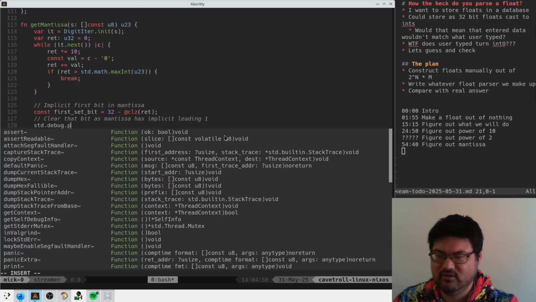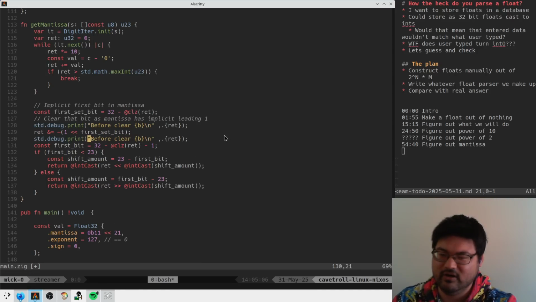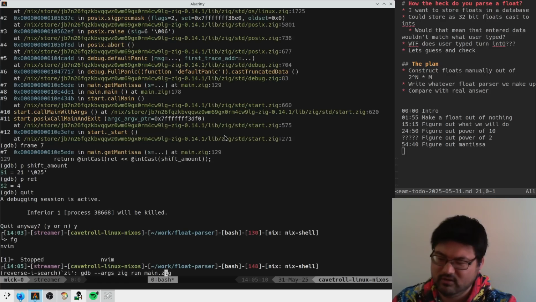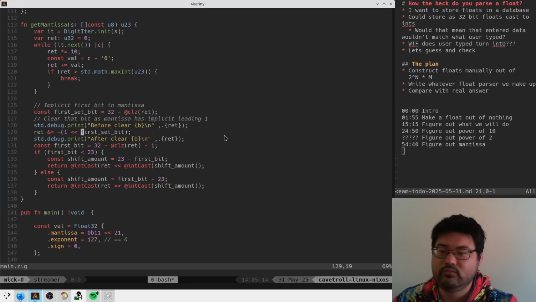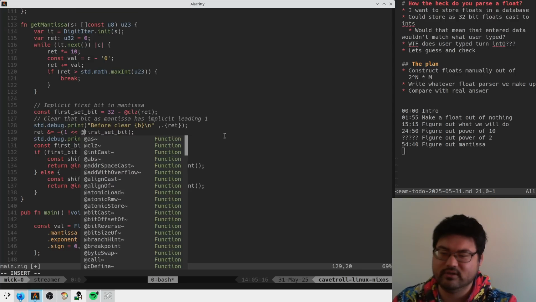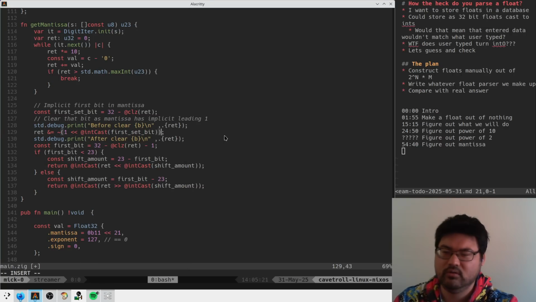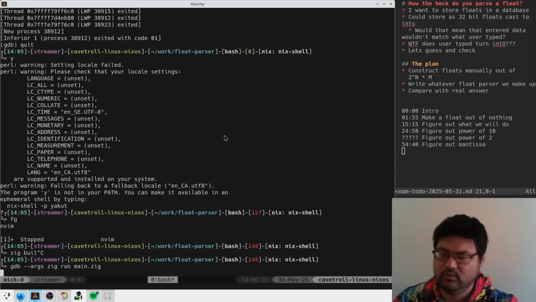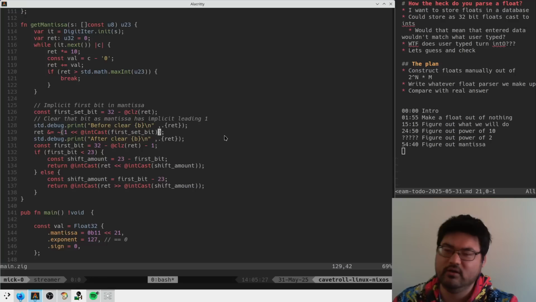Before clear. And then after clear. And can we... I guess it's fine. Unable to cast runtime value.